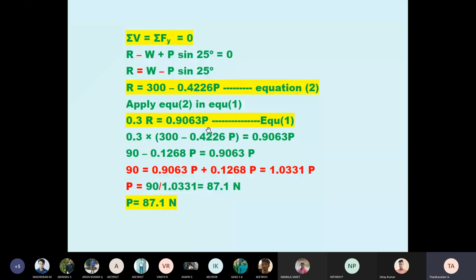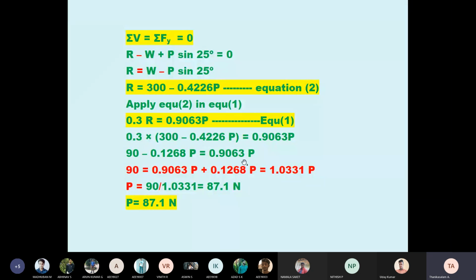Already we have equation 1: 0.3 R equals 0.9063 P. Now apply the R value in this equation. Therefore 0.3 into (300 minus 0.4226 P) equals 0.9063 P. Cross multiplication: 0.3 into 300 is 90, and 0.3 into 0.4226 is 0.1268 P with a minus.